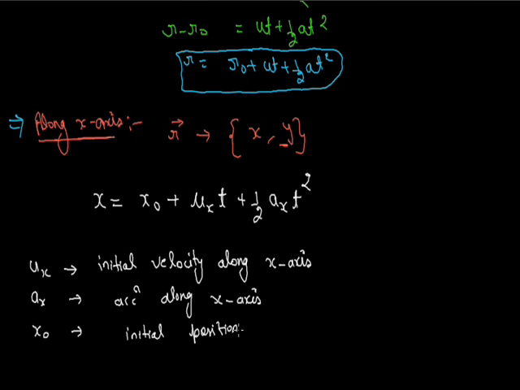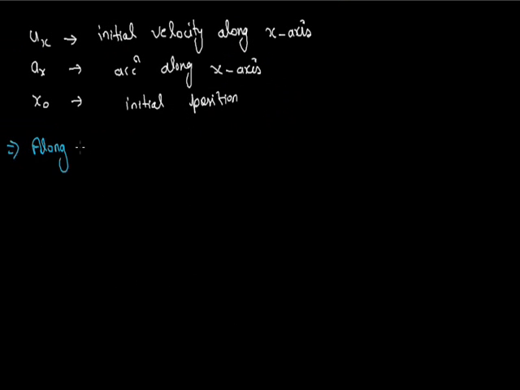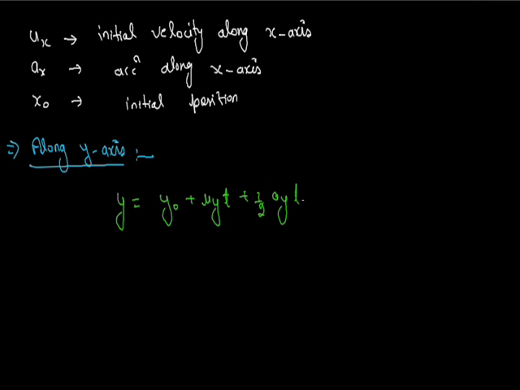Now along the y-axis, this equation becomes y equals y naught plus uy t plus half ay t square.